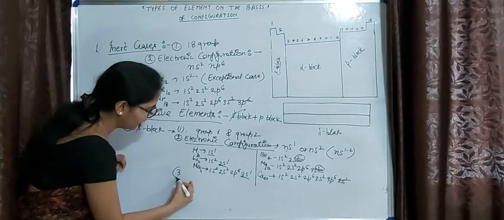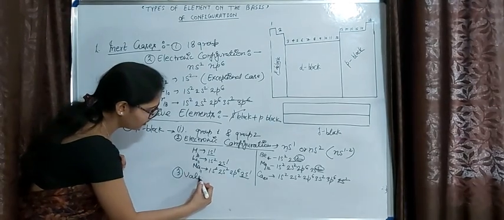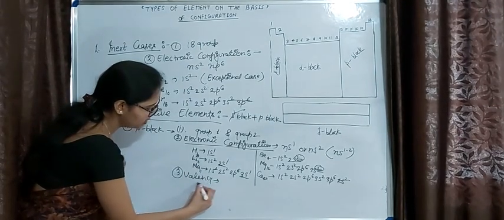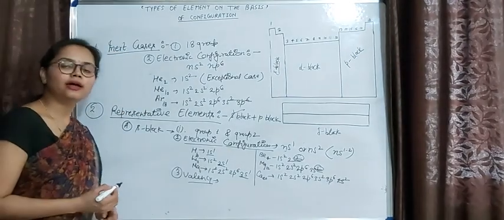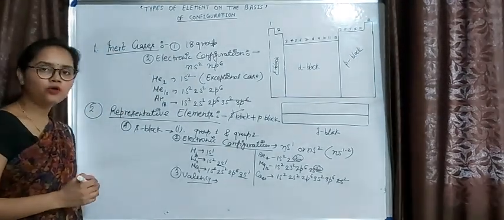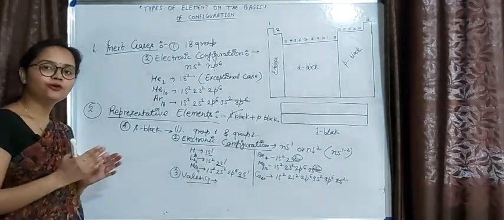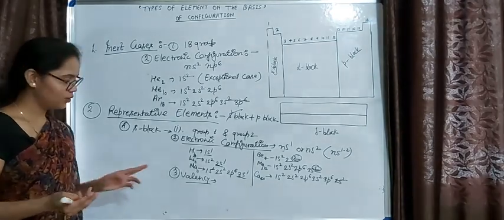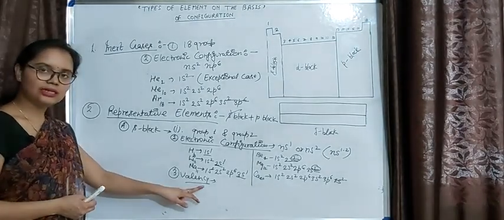Now we'll talk about the valency. First of all, what is valency? The electrons present in the outermost shell, which can be used in compound formation, are known as valency.